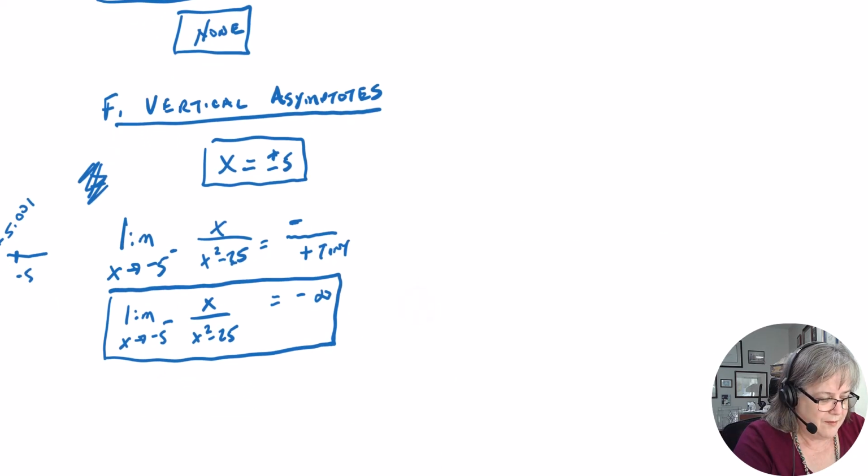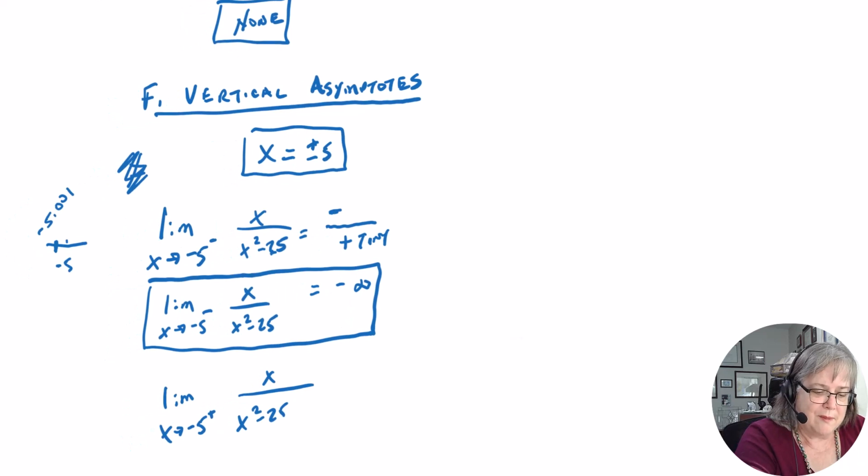All right. So then you have the limit as x approaches negative 5 from the right. And negative 5 from the right would be something like negative 4.99. So you would have a negative 4.99 on the top.